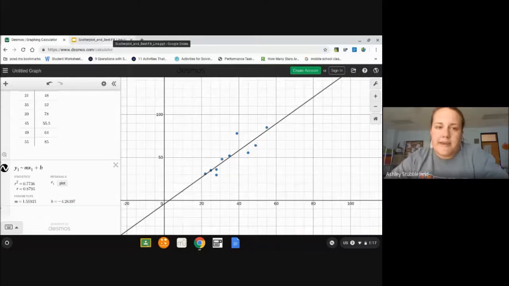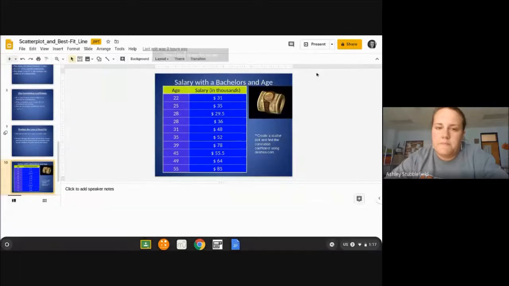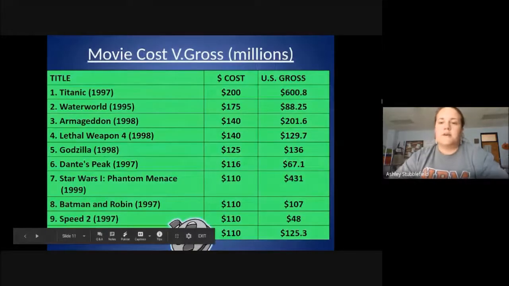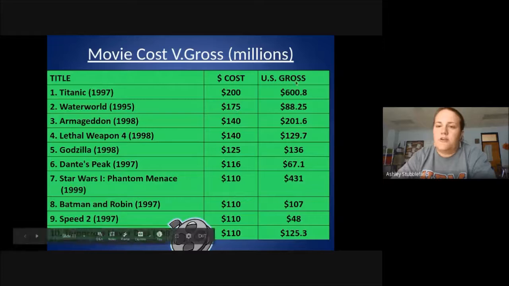All right, I'm going to swap back to our slideshow. I think there's another example. So on this example, I've got some famous movies and their cost and then what they grossed after they came out. Okay, so our cost here is going to be the x-axis numbers, and the gross is going to be the y values for our equation.